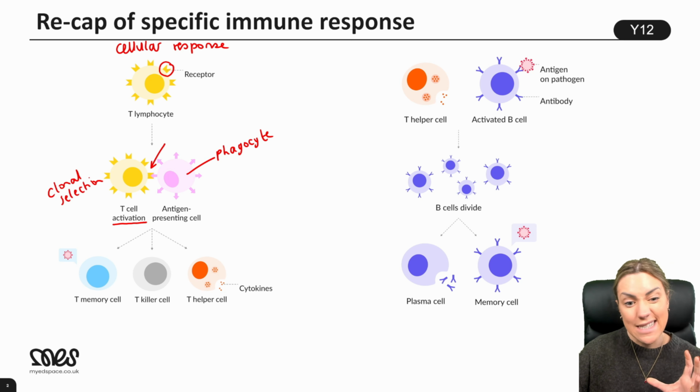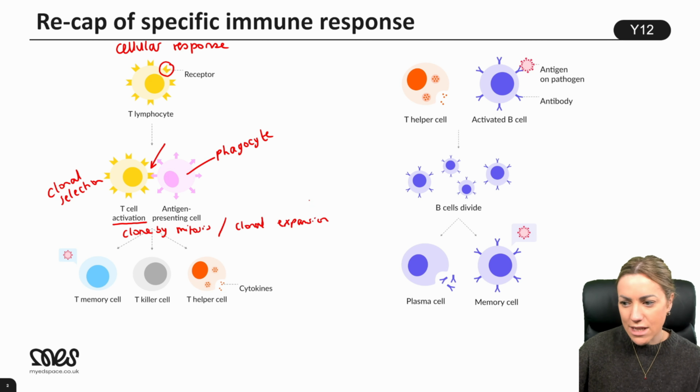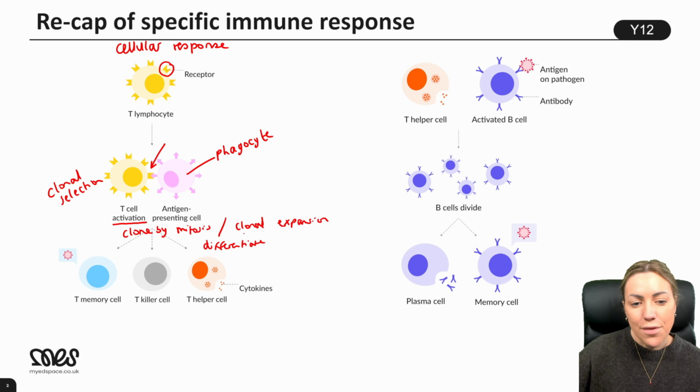So that T cell with the correct complementary receptors has been selected for, and it's going to undergo cloning by mitosis, which we can call clonal expansion. But you can also just say it clones itself by mitosis, and then it's going to differentiate or specialize into three key types of T lymphocyte.